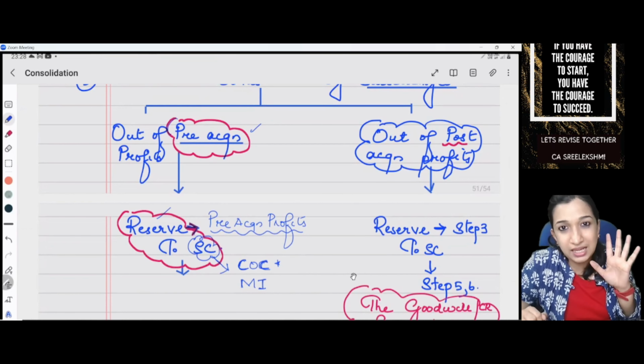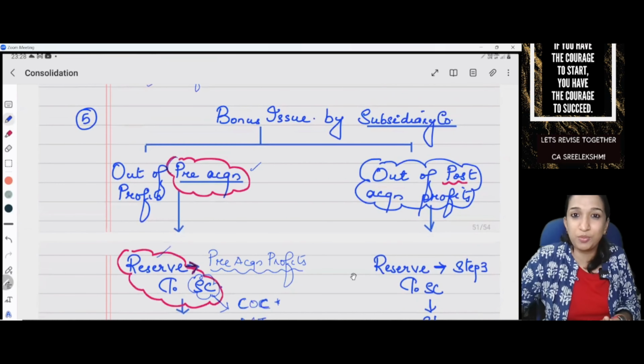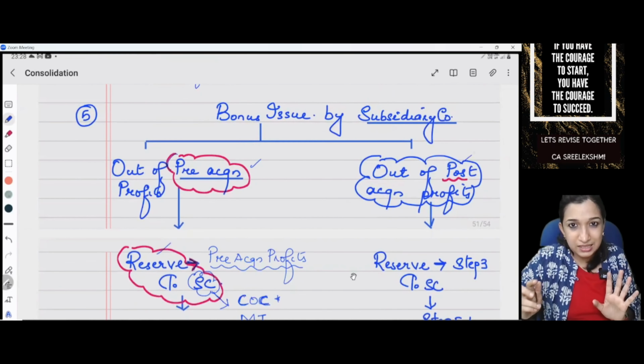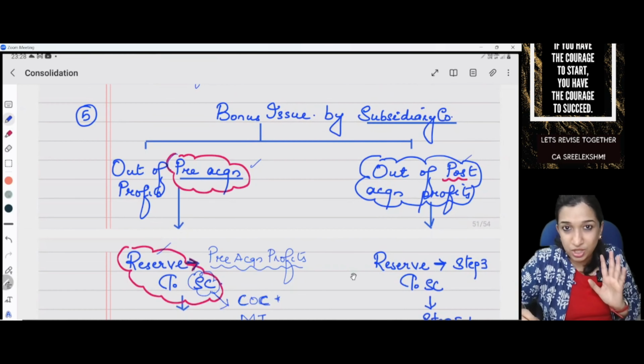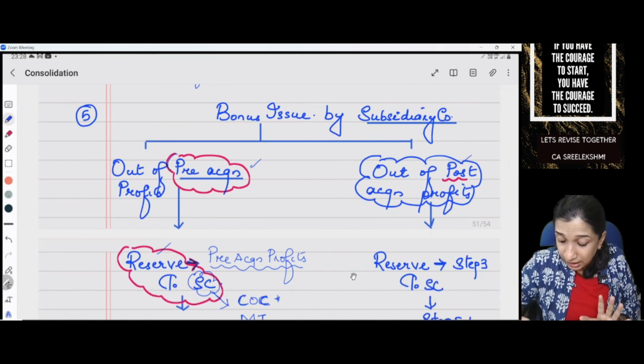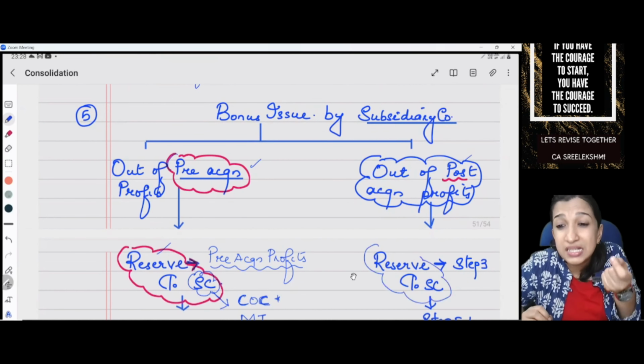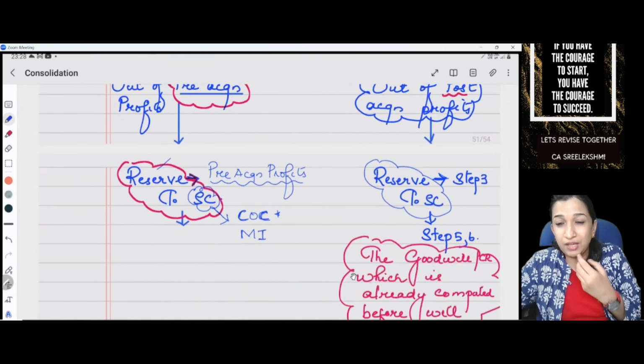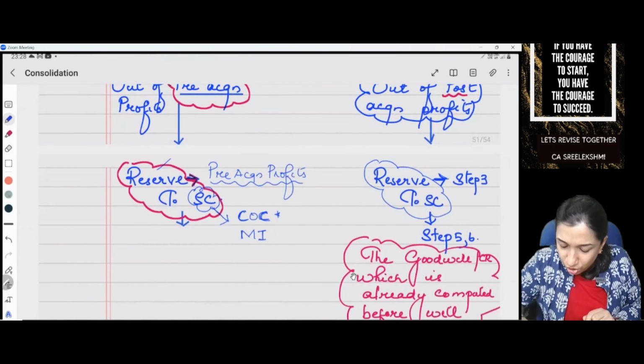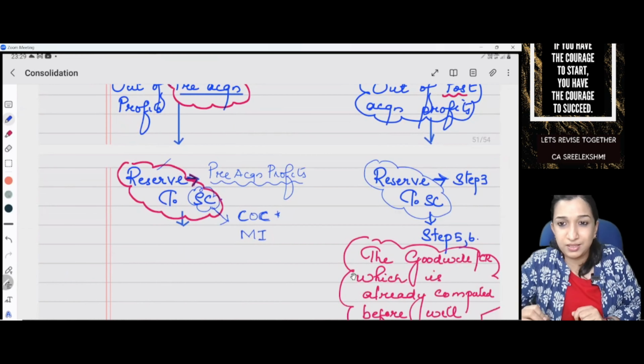Then if the bonus issue is made out of post-acquisition profits, you do the analysis identifying pre-acquisition and post-acquisition profits. The journal entry of the bonus issue is always reserves to share capital, so reserves should be reduced. Post-acquisition profits are to be reduced. Now give the effect of share capital in cost of control and minority interest.